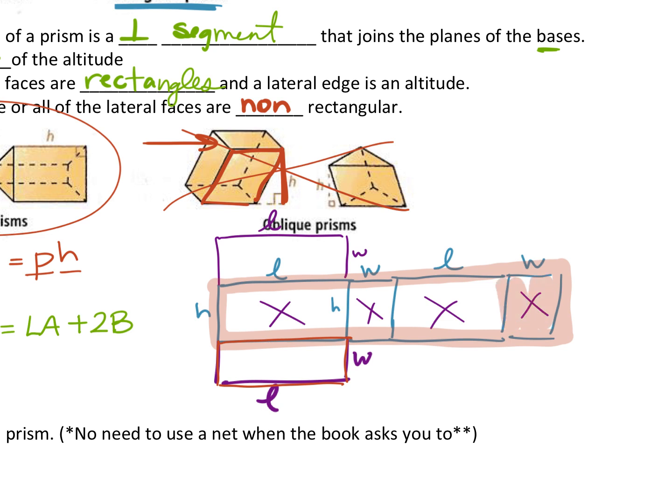So when I'm finding this area, I'm taking length plus width times H, right? Times the height. Base times height. Does that make sense? And if it doesn't, it'll make more sense once we actually work one out. But that's what's happening. That's how they came up with this formula: here's this big rectangle, find the area of it, base times height, okay?